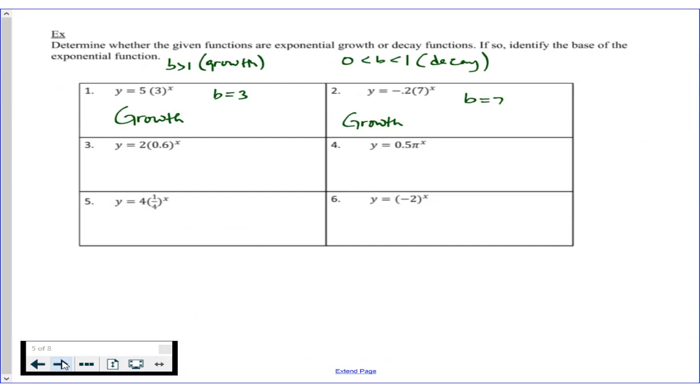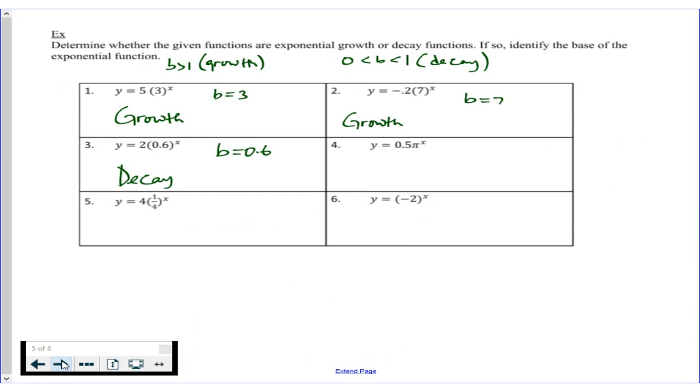Number 3. Exactly, this is a decay function. Decay means decreasing function. So b is 0.6, which is a number between 0 and 1. 0.6, 0 point something, is a number between 0 and 1.